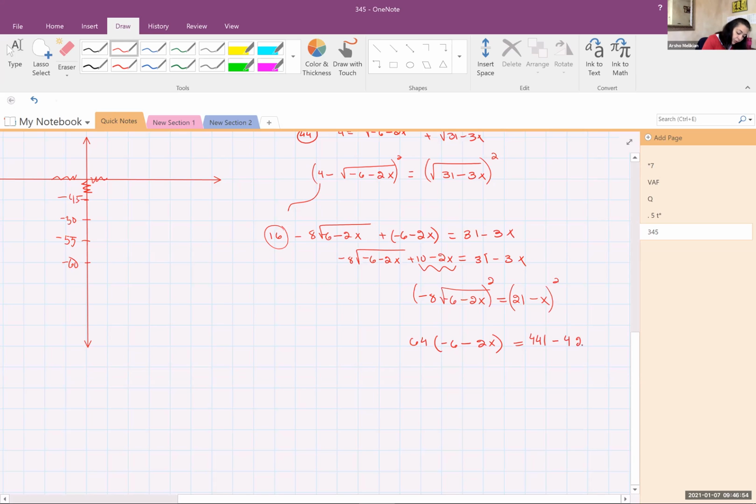Minus 42x plus x squared. Right? And when I distribute, I get -384 minus 128x equals this.